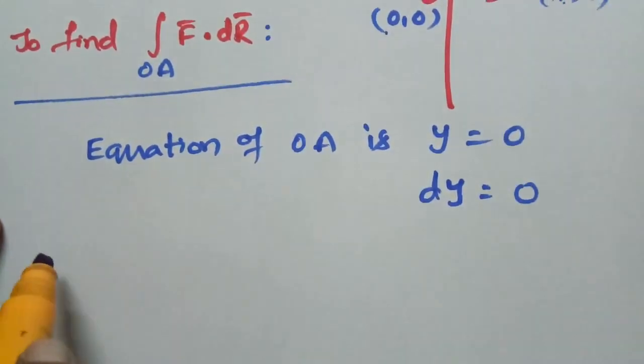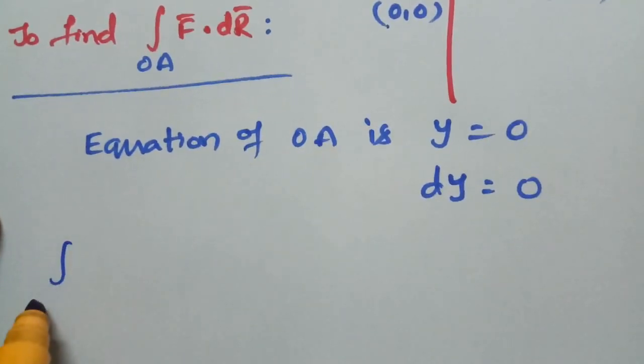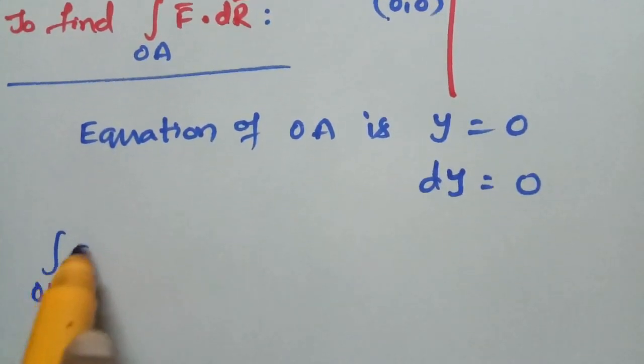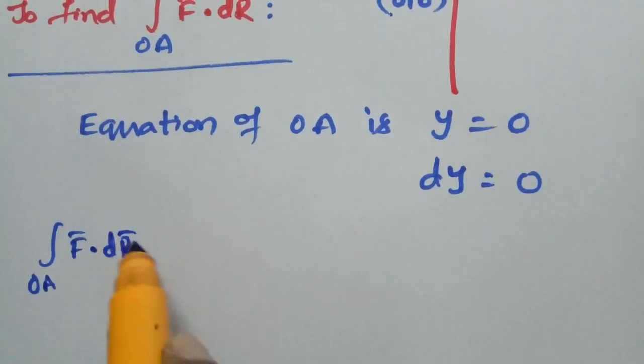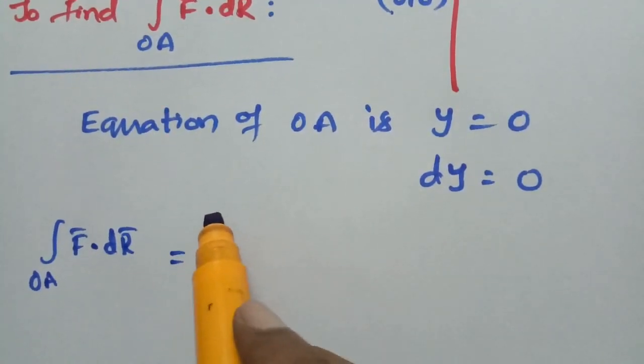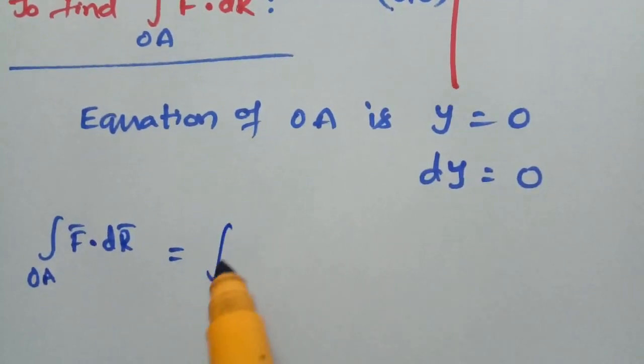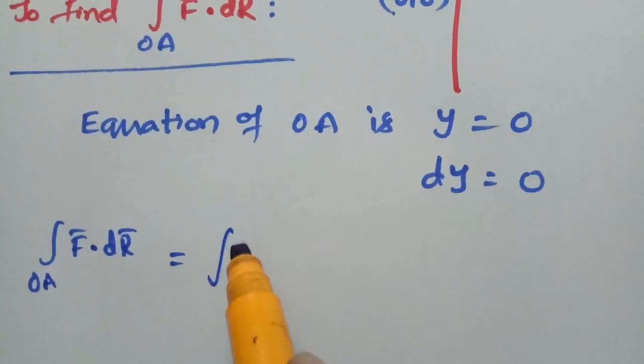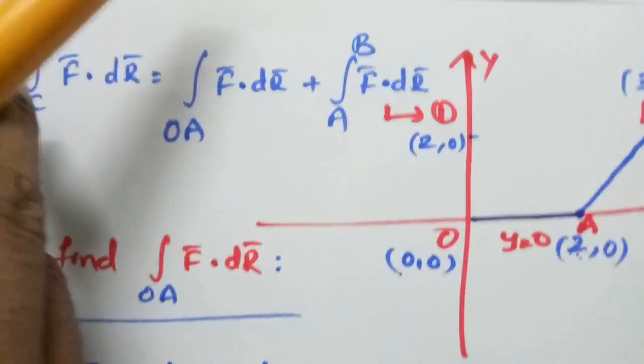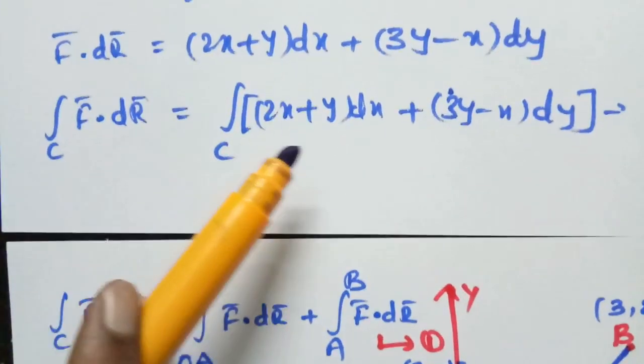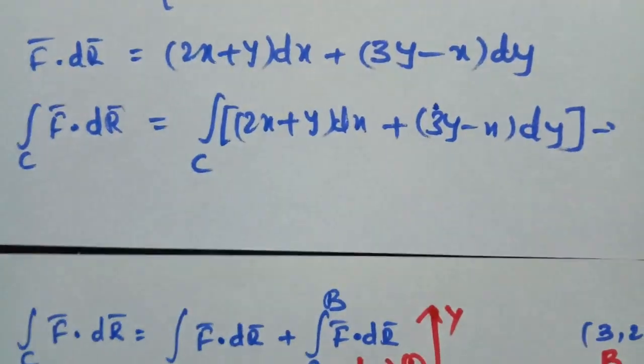Therefore, now the integration along OA of f bar dot dr bar is equal to the integral of 2x plus y into dx plus 3y minus x into dy.